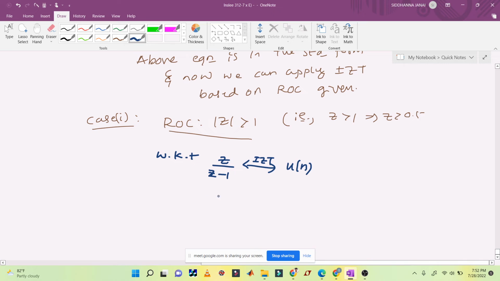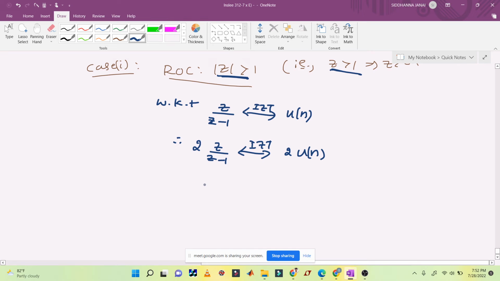Therefore, 2 into Z divided by Z minus 1 will give us inverse Z transform as 2 into U of n for this ROC only, Z greater than 1. This is for the first term.